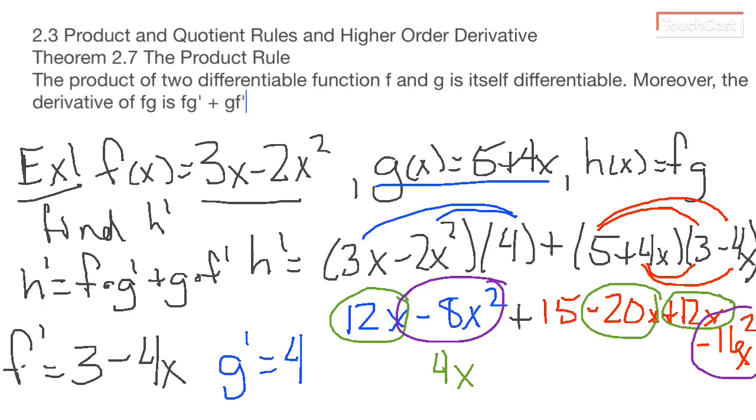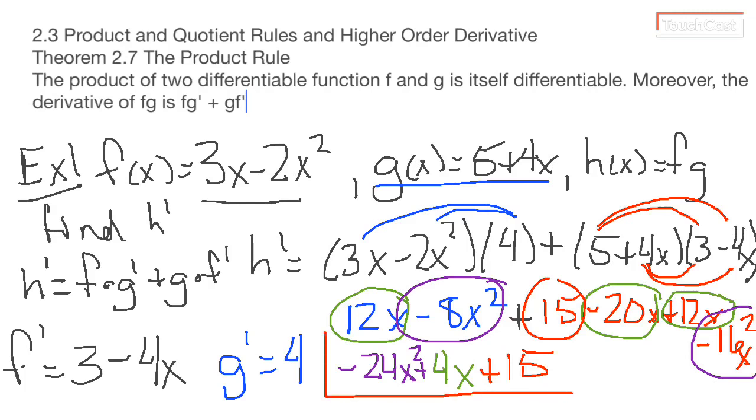Well, combine those, we're going to get negative 24x squared plus our 4x. And then I only see the one constant term, the 15, so we can add a 15 at the end. We've combined all of our like terms. I don't see anything else we can do, so we've found h prime. H prime is going to be negative 24x squared plus 4x plus 15.